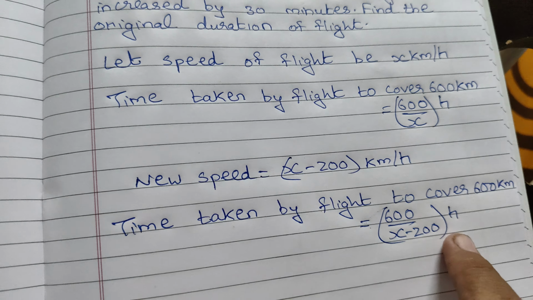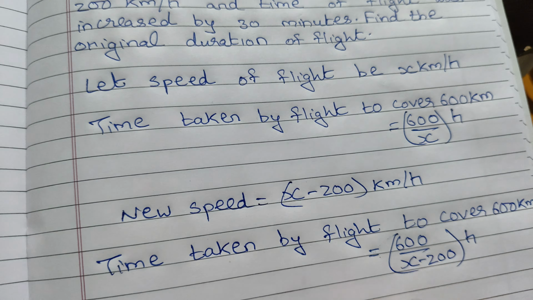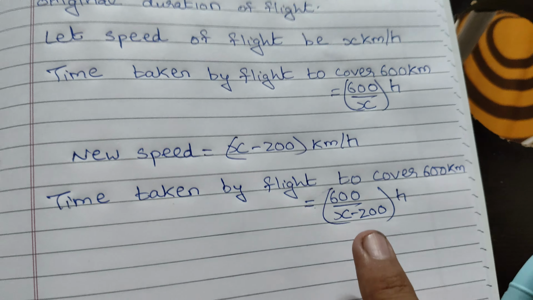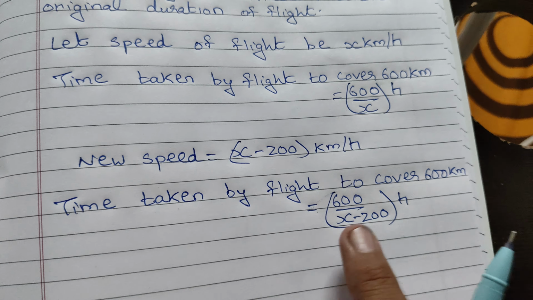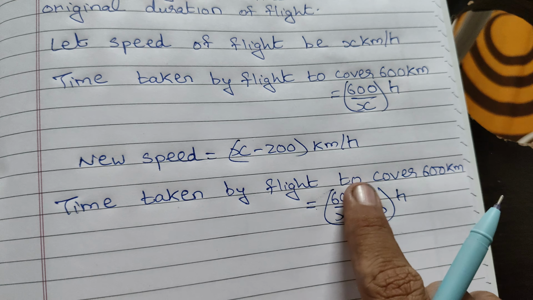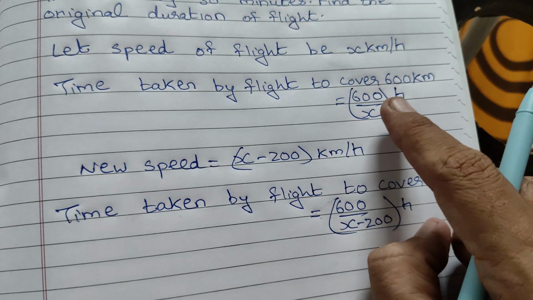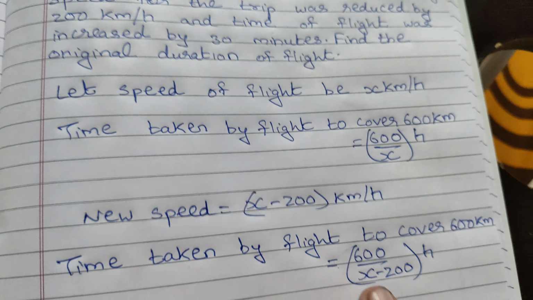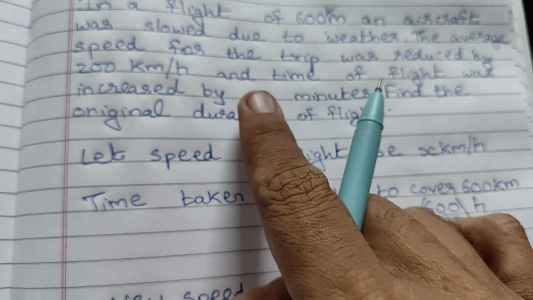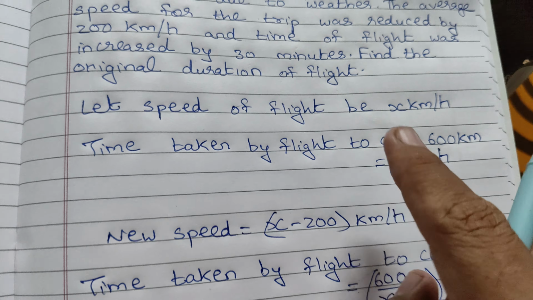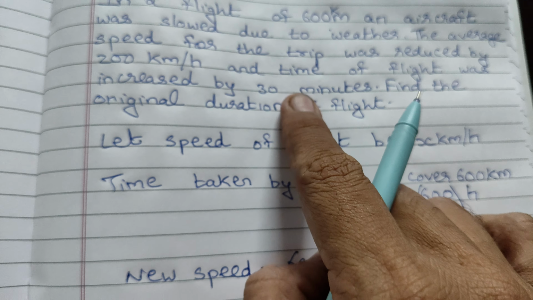So this is the new time and this is the original time, or we can say the routine time when the speed was x, and this is the change in the time when the speed is reduced. अब students, जब speed कम होगी तो time ज़्यादा होगा. So this is the bigger time and this is the smaller time. The difference of the time is given 30 minutes. It means इन दोनों time का difference is given 30 minutes, right?